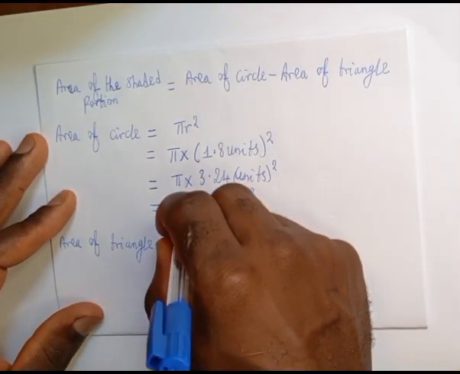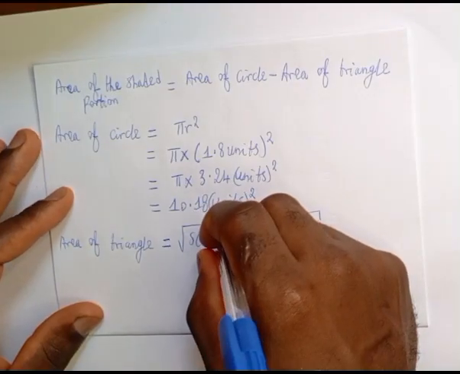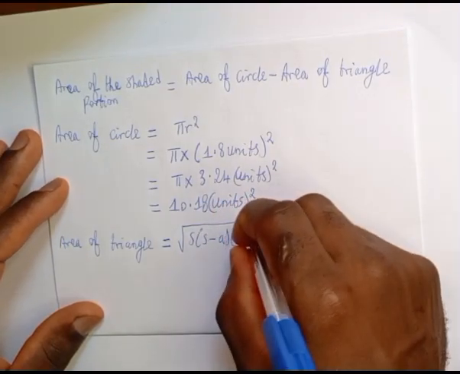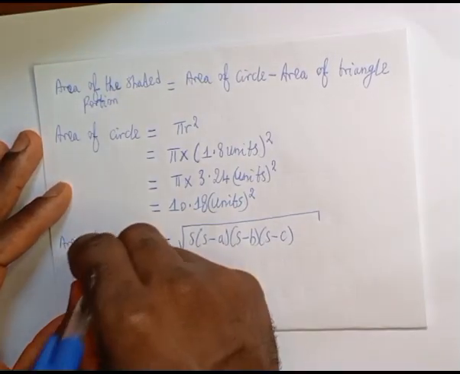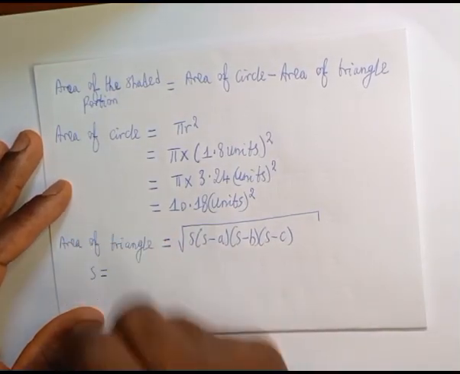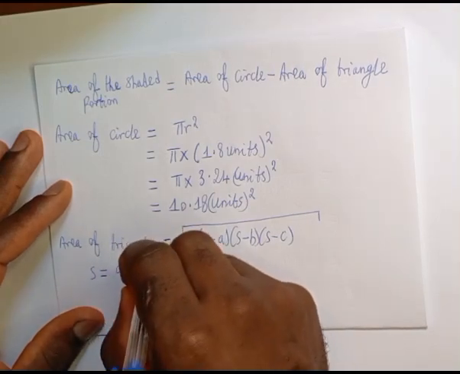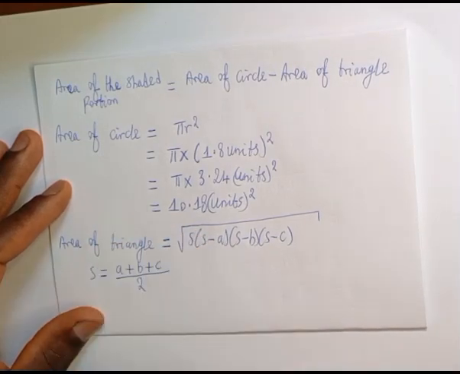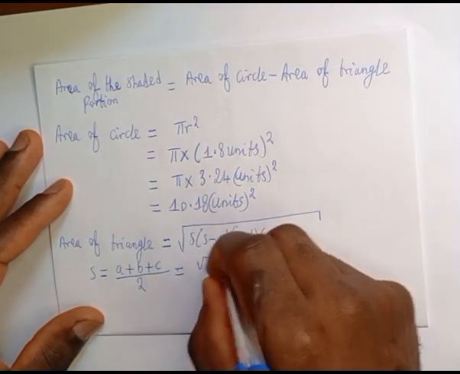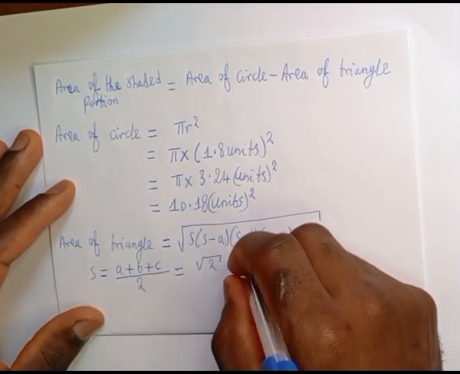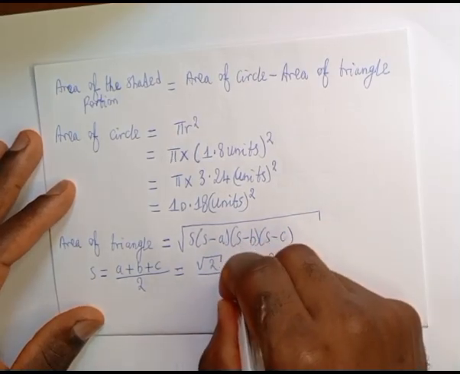This will simply be equal to the square root of s times s minus a times s minus b times s minus c. s is the sum of the three sides, a plus b plus c, divided by 2. s is the semi-perimeter. We take root 2 plus 3 plus 2, divided by 2.